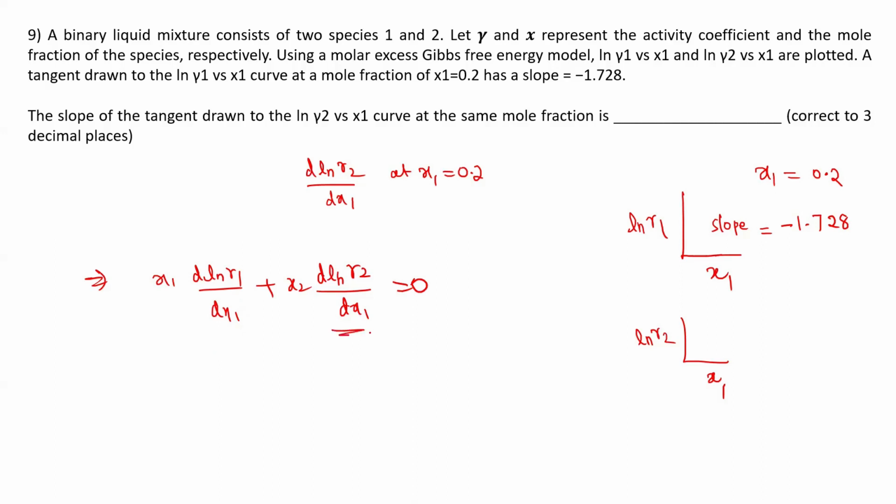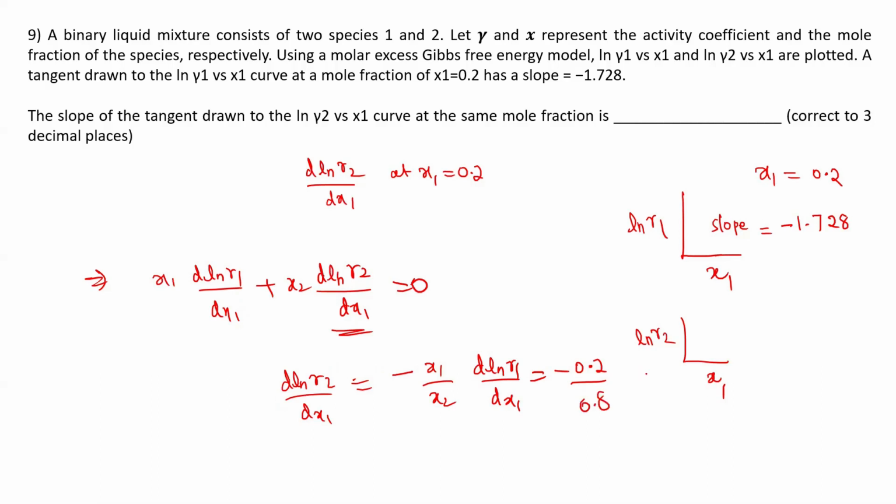Hence, this one, what we require, equals to minus x1 by x2 d ln gamma 1 by dx1. x1 is 0.2, and x2 is 1 minus 0.2.